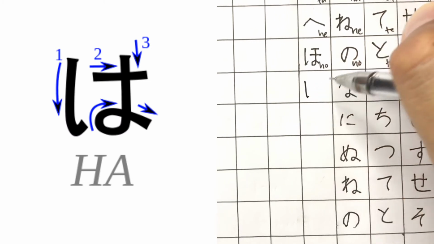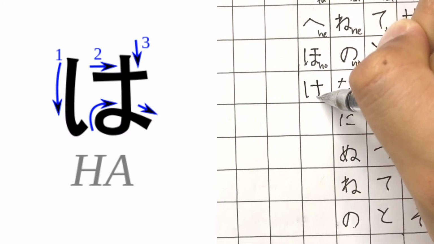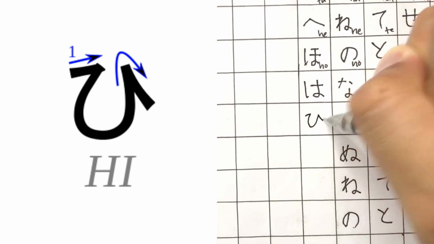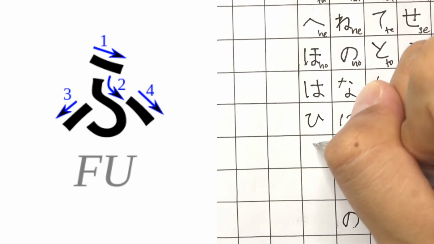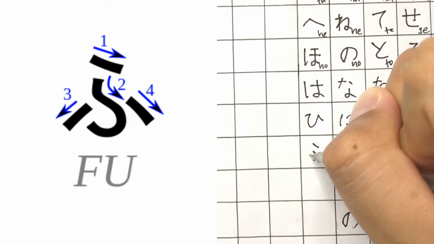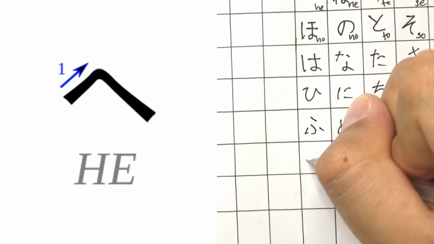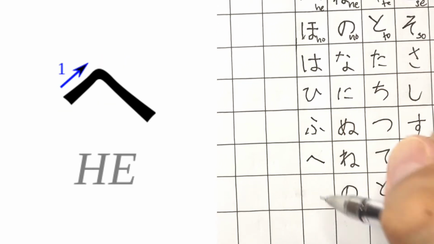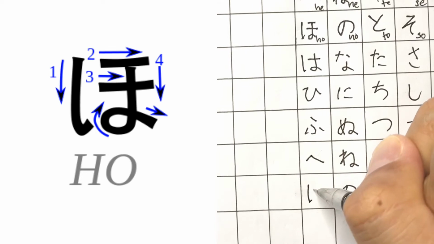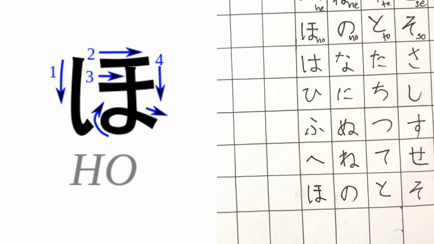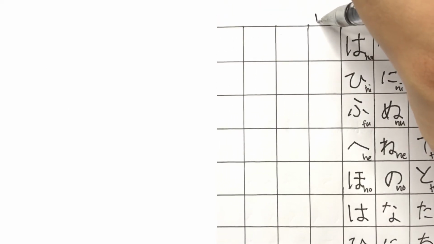So let's write them again. 1, 2, 3, ha, hi, hu, he, ho.